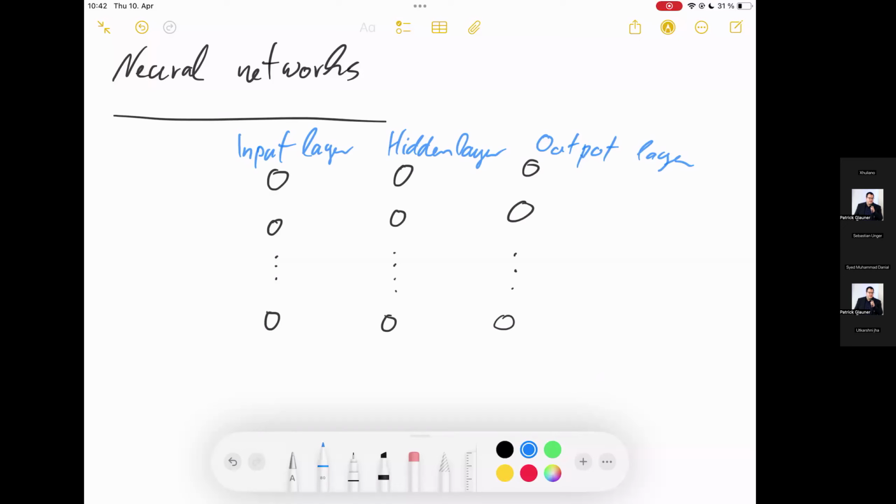Then we've said that each unit is connected to each unit in the subsequent layer. And obviously, I'm not drawing all the connections now, but just some of them. And these are the weights of our model. So I'm just putting in some of them, obviously not all of them, because I won't be able to finish.